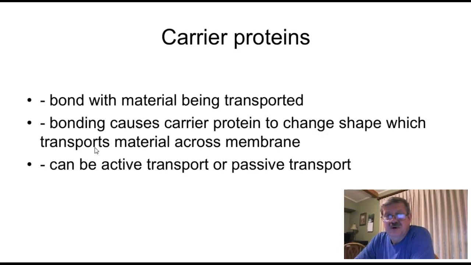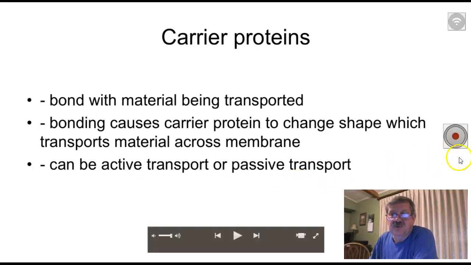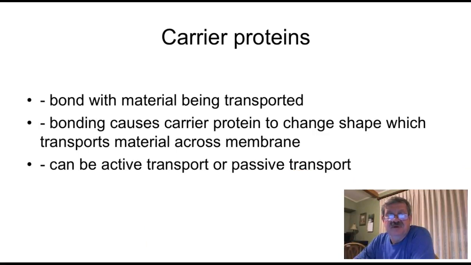Okay, the carrier proteins work by bonding with the material being transported. The carrier protein will then change its shape, which will transport the material across the membrane. The material is dropped off on the other side of the membrane.